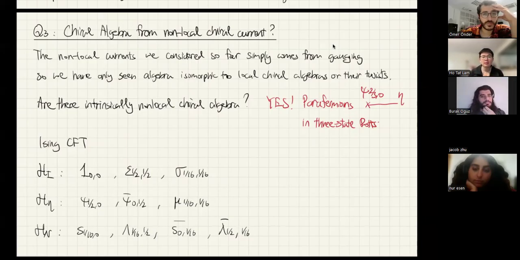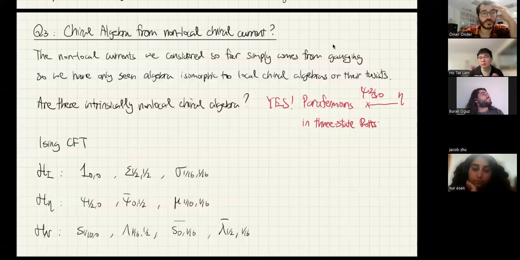So one can ask whether there are intrinsically non-local chiral algebras. These are chiral algebras built by non-local currents that don't come from something that we have seen before, like local chiral algebras built from local chiral operators.